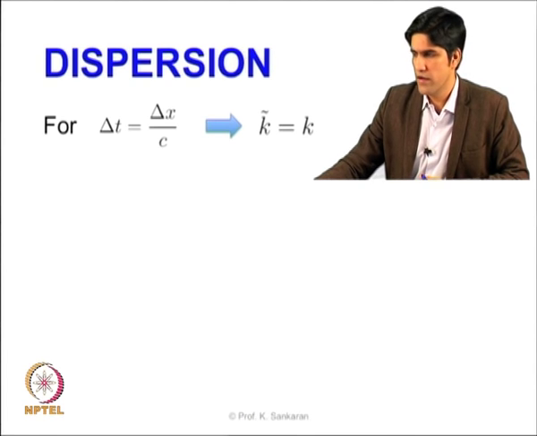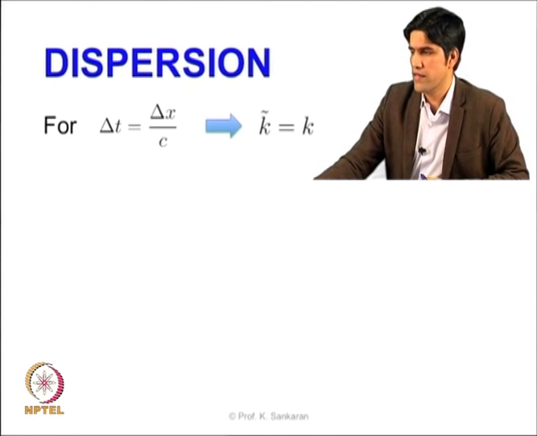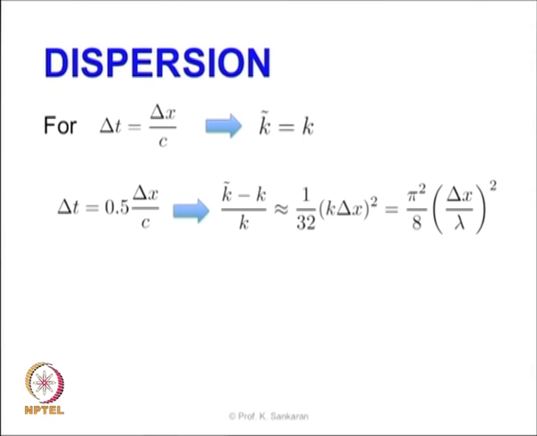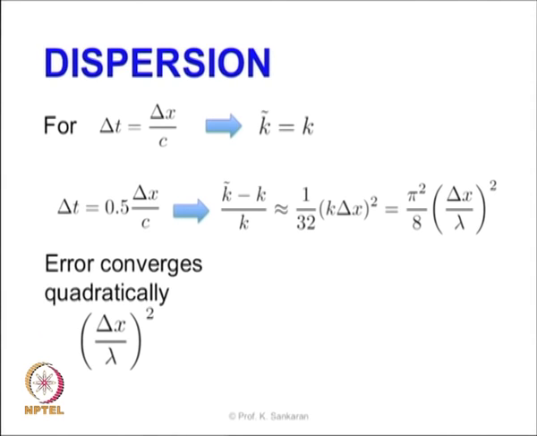So what we are doing here is seeing how much of that is going to be good enough. In other words, let us say if we go by half the value of delta x by c, I am going to get an expression that says my error is going to converge quadratically.